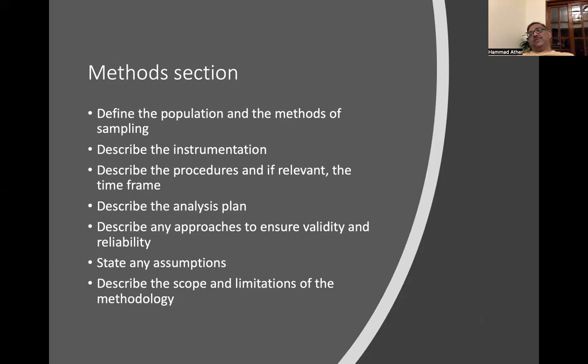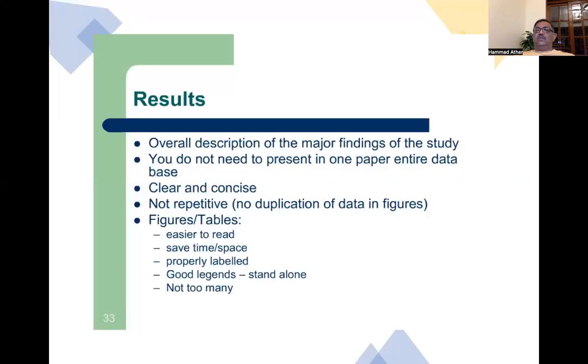So if you have done an experiment, how did you make sure this experiment was done according to the standard criteria, and ensure the validity of your outcome? And then obviously it's important to write down the scope and limitations of the methodology section. Okay, so this is about methodology.